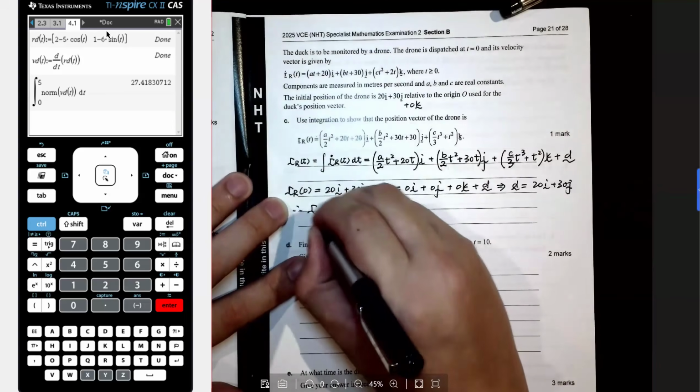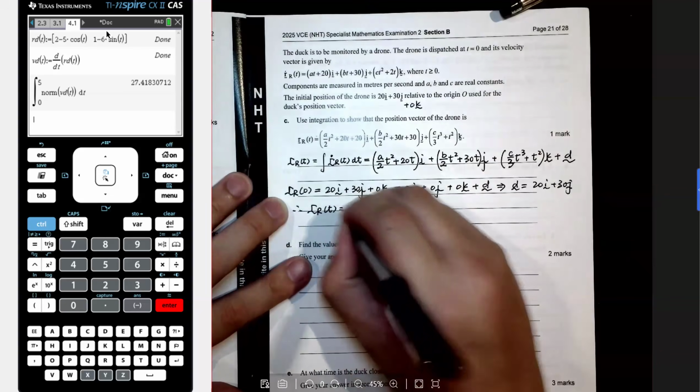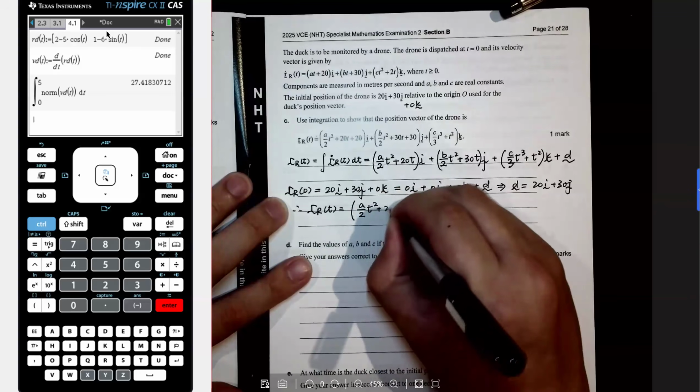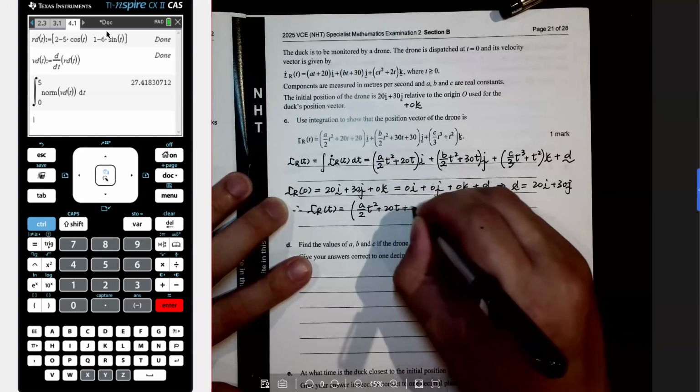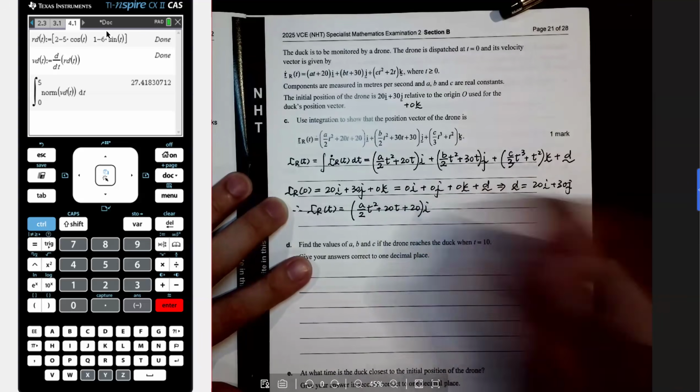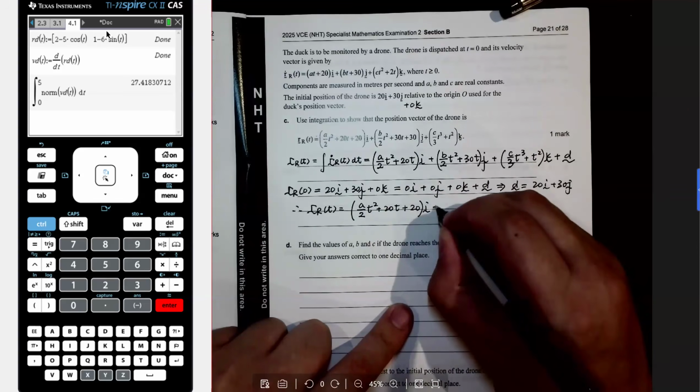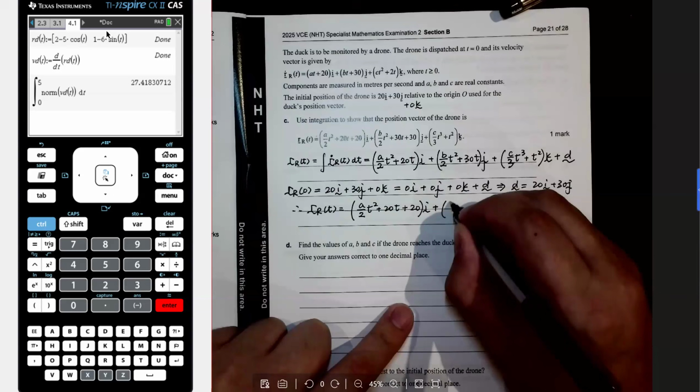Therefore, when you combine them together, R(t) equals, just make sure you copy down everything correctly. So I merge this 20i into the first component and merge this 30j into the second component.